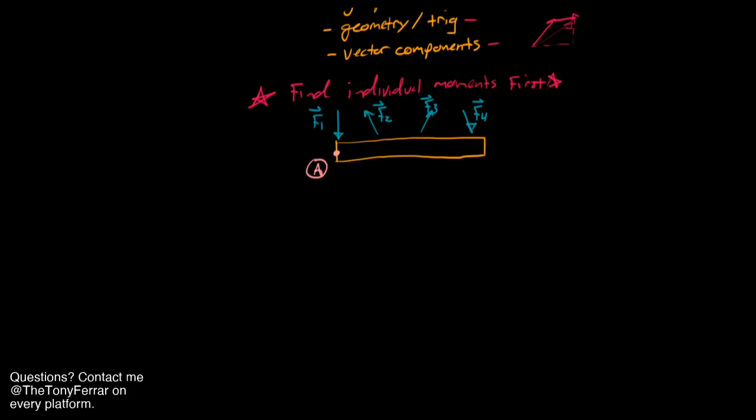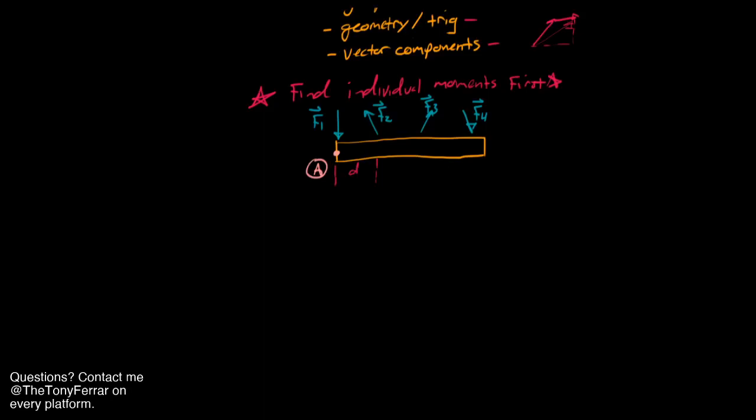So we can look here and we could say, well, F2 acts at a distance that we'll call D2, F3 acts at a distance that we'll call D3, and F4 acts at a distance that we can call D4. And so we can find the moments one by one here, right?